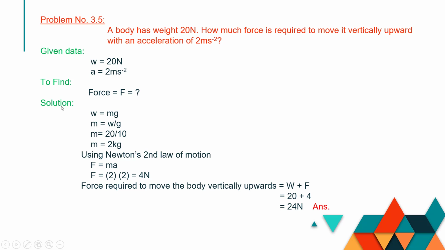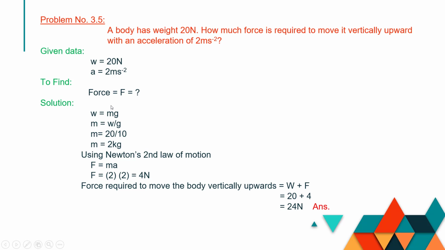Solution is, as we know that W is equal to mg. So for finding force, we know that we need two factors, mass and acceleration. As we already have the value of acceleration, but we do not have the value of mass. So firstly, we will calculate the value of mass from this formula.